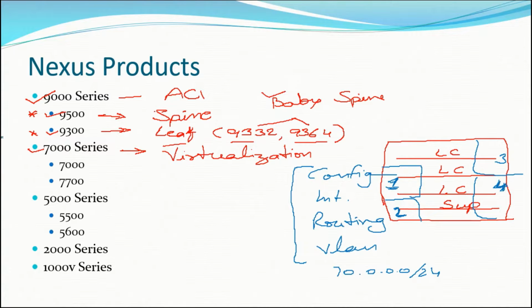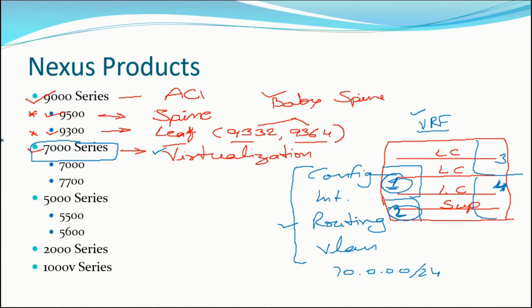It's just like the concept of VRF, virtual routing and forwarding, that we might have heard about. But that feature only gives us routing instance separation in respect of the global configuration. This 7000 series of switches gives the functionality of virtualization, and within one physical box we have the option to create multiple virtual switches like this one, 1, 2, 3 and 4.